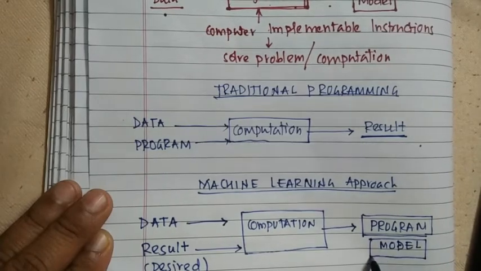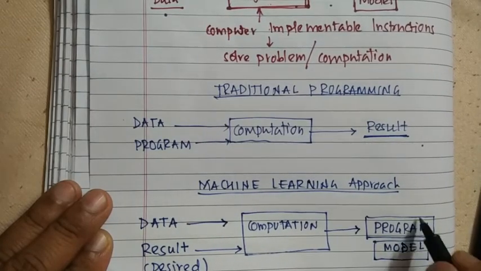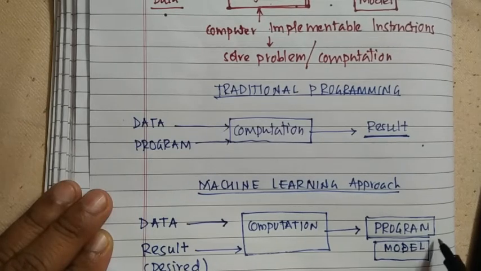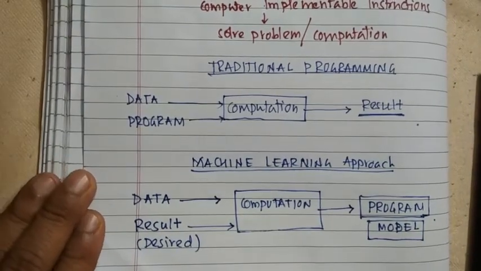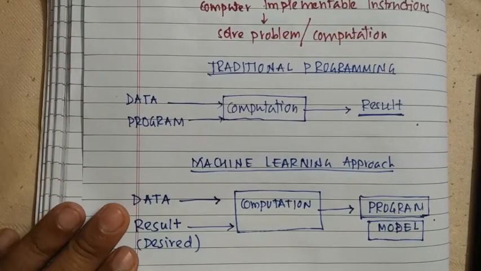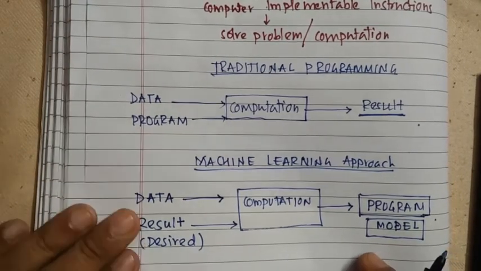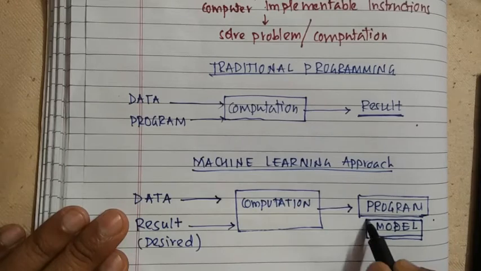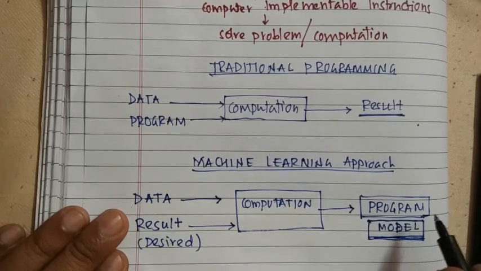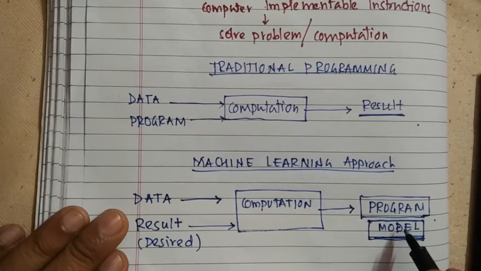And whenever new data comes and is given to this program, this model has the ability to predict without explicitly programming it. That means once we get this output, we need not program it explicitly, but it will give us the desired results.